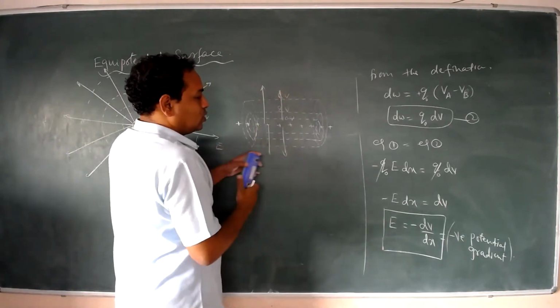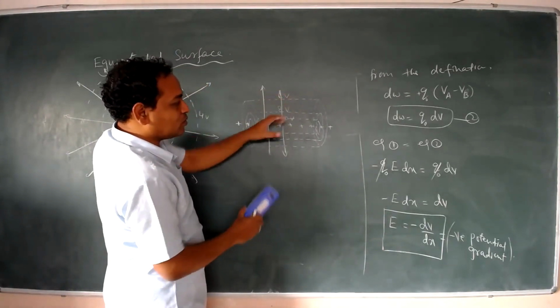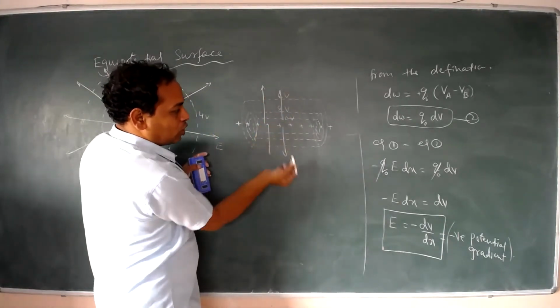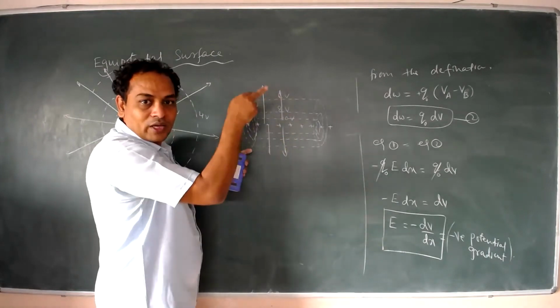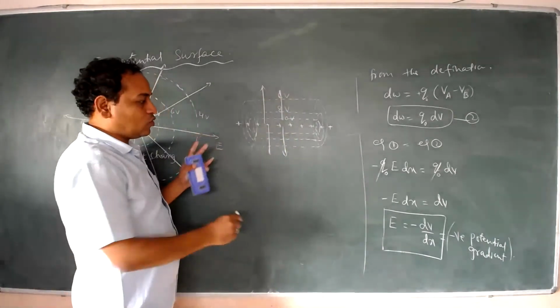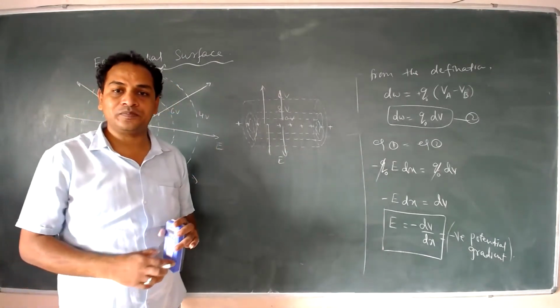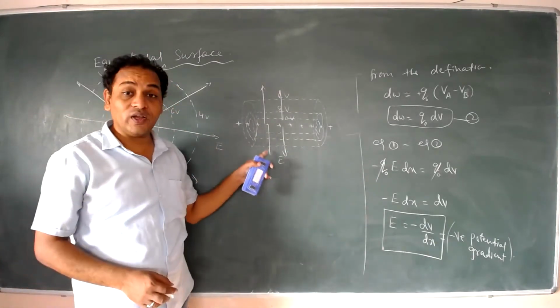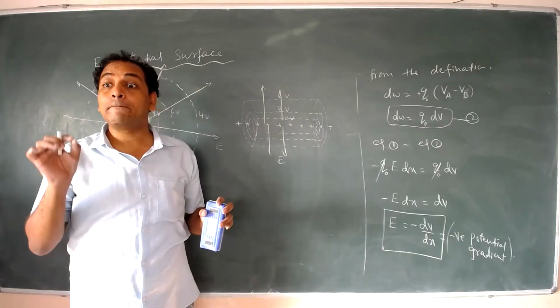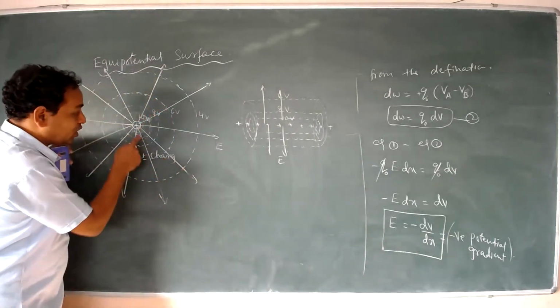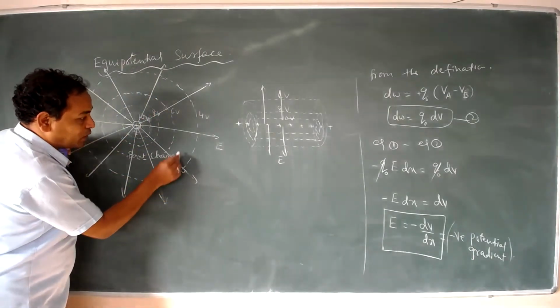Like this. If the curve is like this, then the field will be like this. So the electric field will be coming like this in all possible directions. So from this it is quite clear that the electric field E is always perpendicular to the equipotential surface. See here, at every point you take, it is perpendicular.